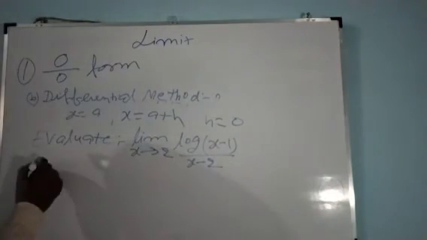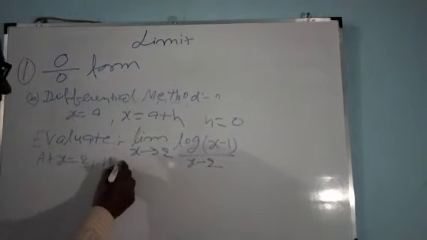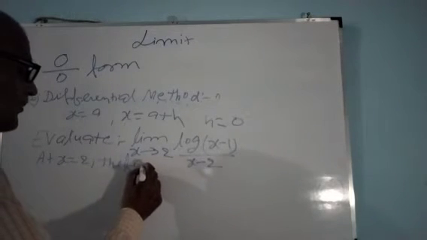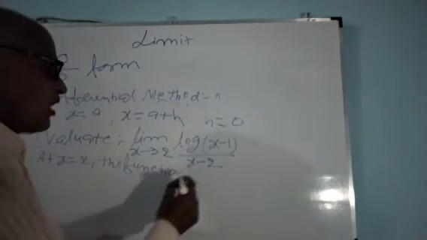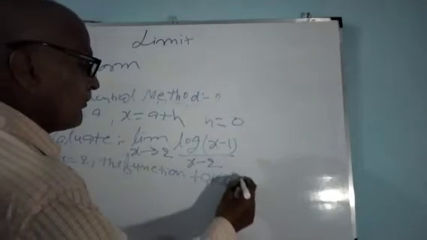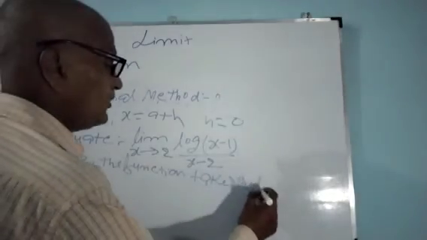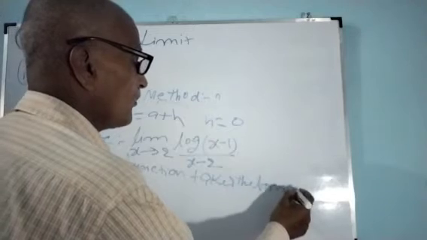Here you see, at x equal to 2, the function takes the form 0 by 0.